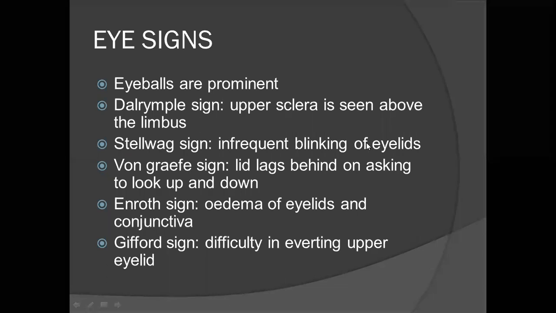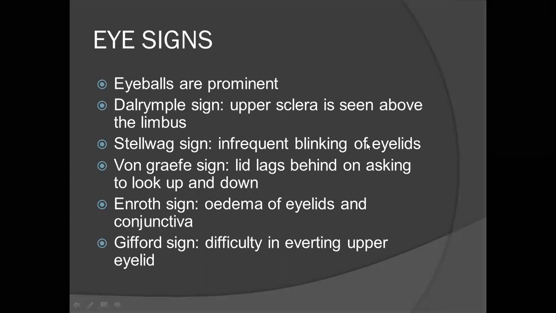What is von Graefe's sign? Lid lag. Why does the lid lag? Again, it is due to spasm of Müller's muscle. The upper lid doesn't come down when the eyeball moves. When you ask the patient to follow the finger downward, normally the eyeball and the eyelid move together.